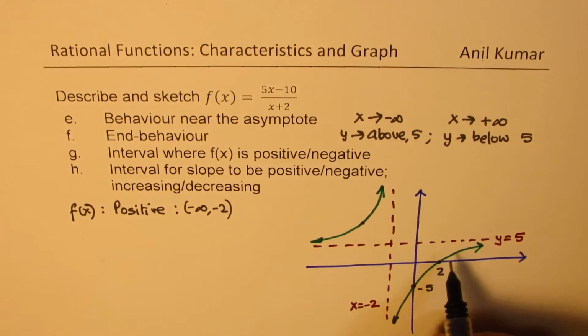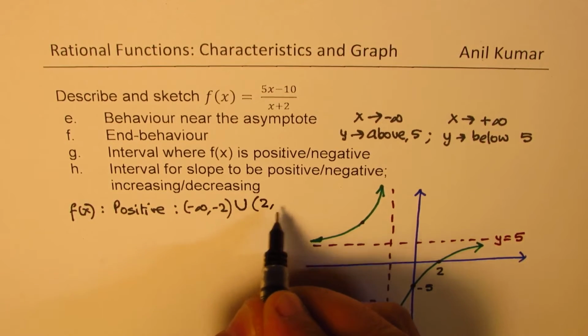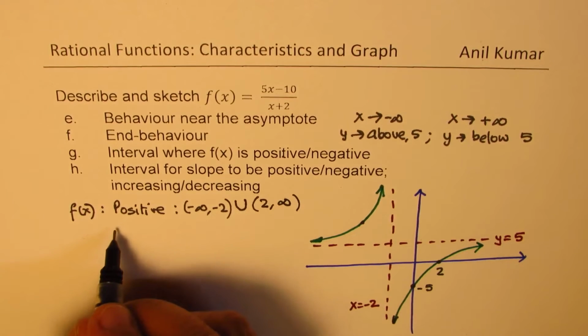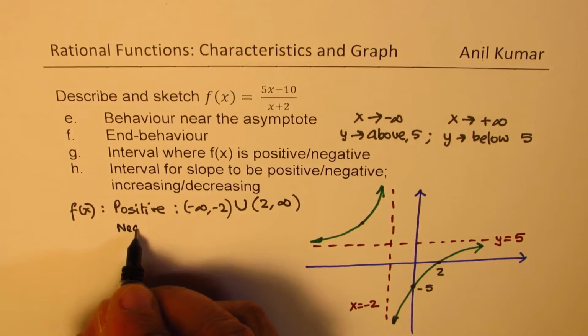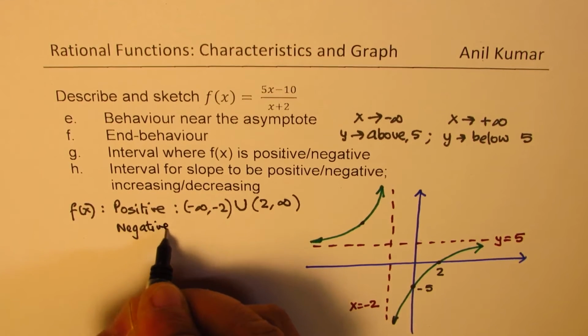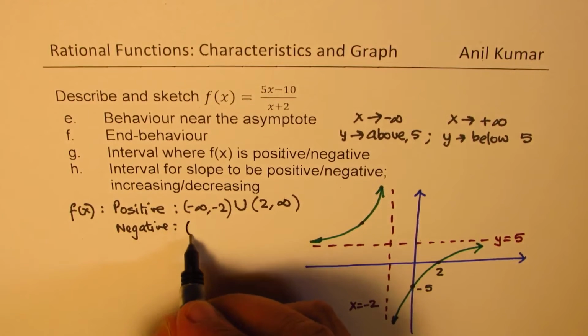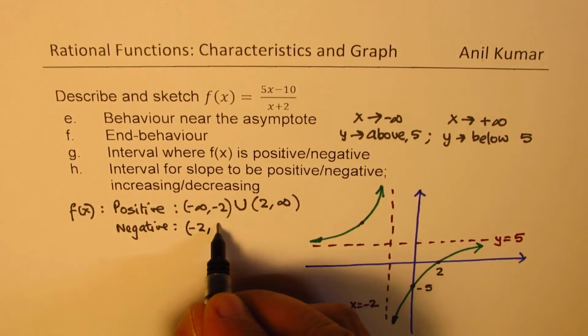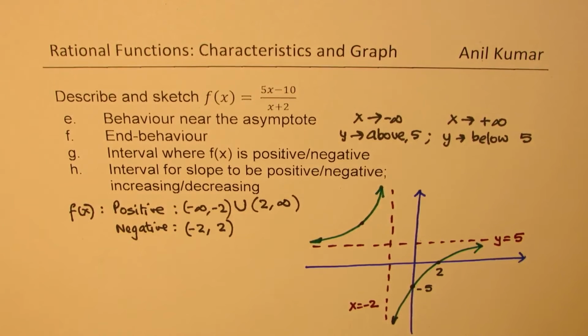It is also positive after 2, so we can write union 2 to infinity. As far as negative values of f of x are concerned, it is negative when x is less than 2 but greater than -2, that is to say between -2 and +2. So that is what you get about the function itself.